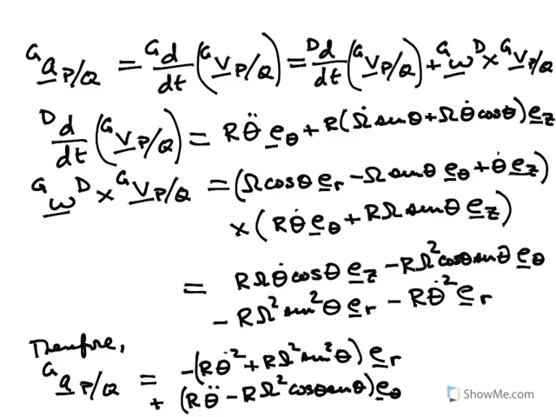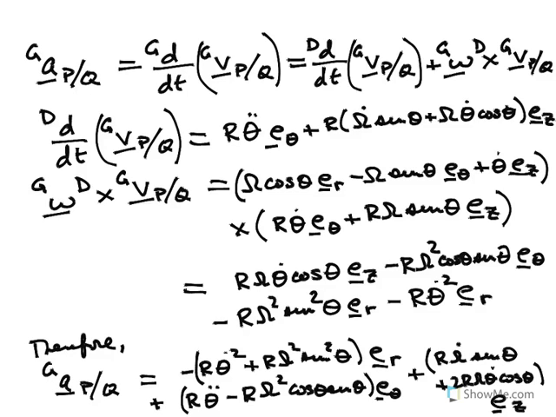And then the Ez component is going to be r omega dot sine theta, and then I've got plus r omega theta dot cosine theta plus 2r omega theta dot cosine theta, the whole thing times Ez.